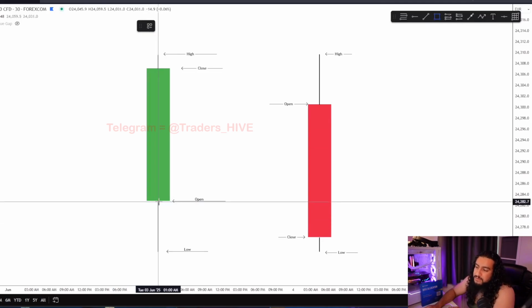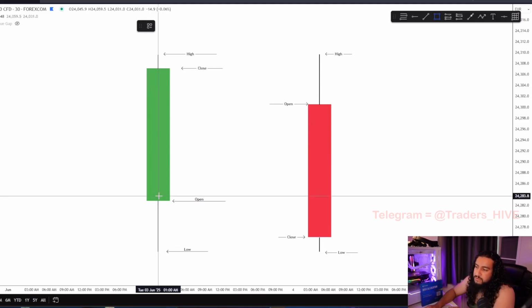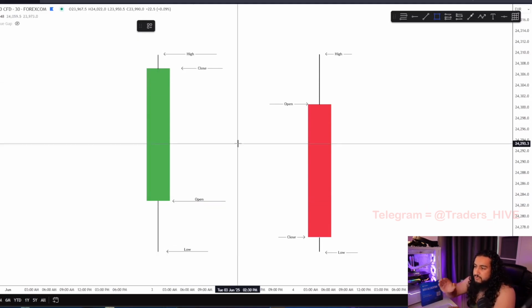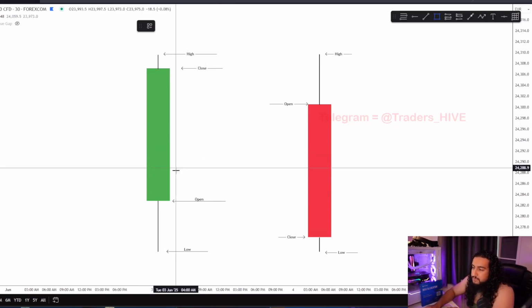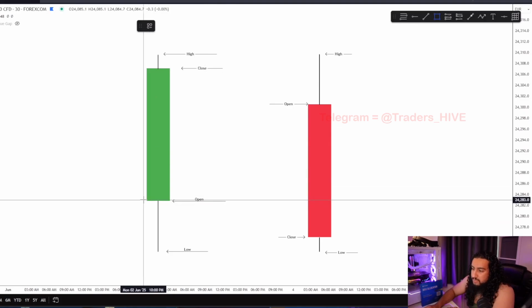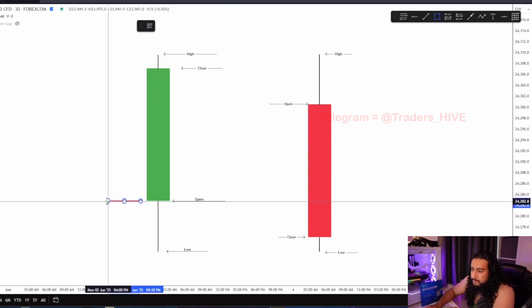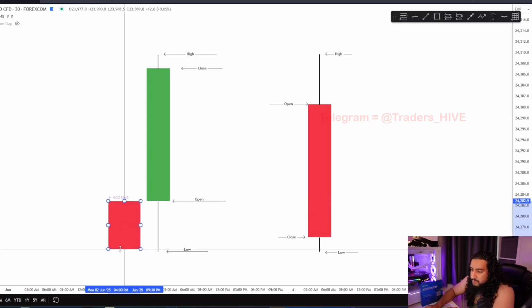And then it finally flipped back to bullish and became green. Let's just say bullish is green, bearish is red. Obviously my chart colors are a bit different, but just for example's sake, this is what most people are used to. At one point, when this candle opened up, it looked like that.